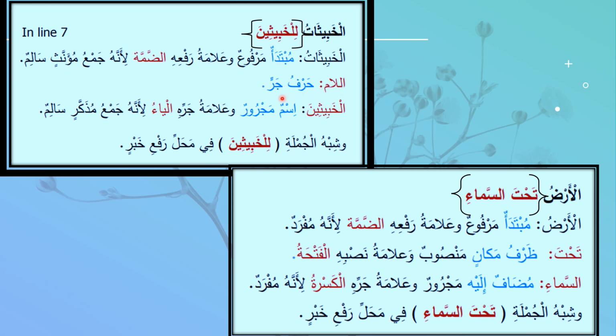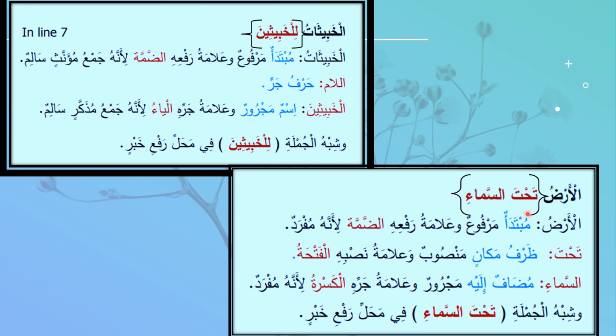Lam is the harf jar and al khabithina is majroor, and the alama is the ya. Remember, the Jama Mudhakkar in the majroor and mansoob case has a ya, because it's Jama Mudhakkar salim. Don't forget to give that. And now the extra i'rab for shibh jumla is lil khabithina fi mahall raf khabar. It's in the position of khabar coming after the mubtada.